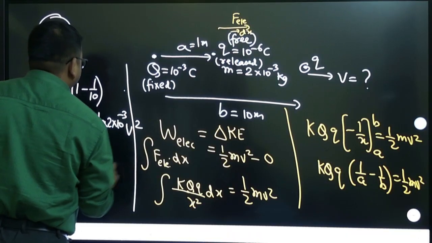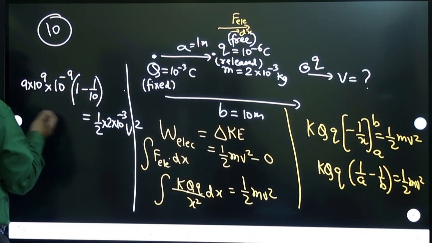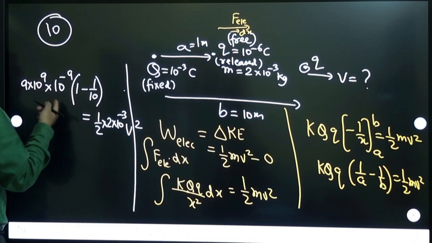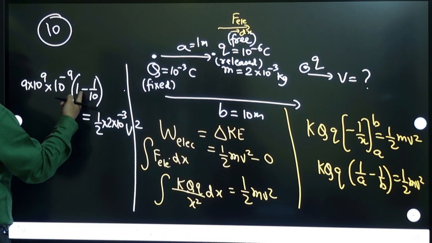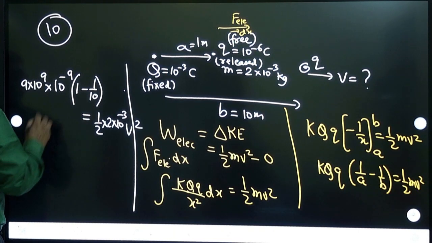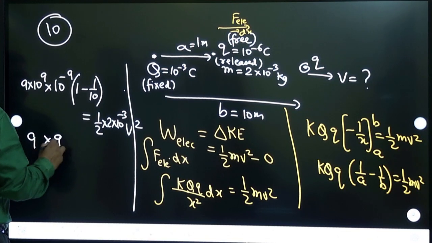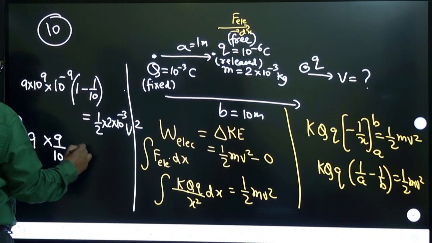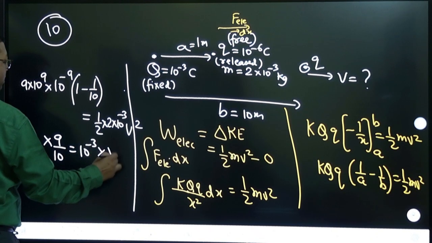Now you solve that. This is not a big deal, right? We can easily solve it. How much will it become? 1 minus this becomes 9 by 10, correct? This is 9, this is gone, so this becomes 9 by 10. This 2 also gone, 10 to the power minus 3, and this is v square.